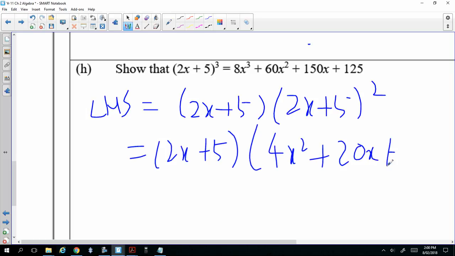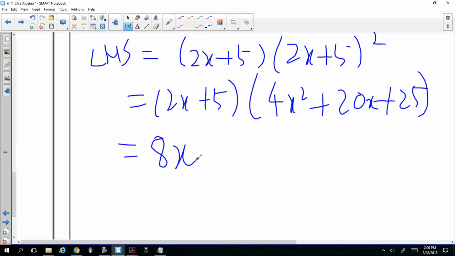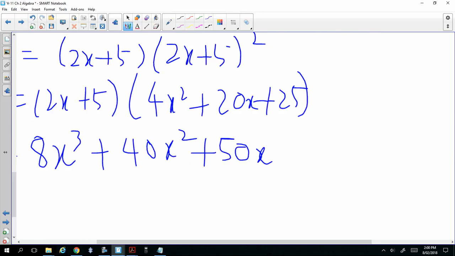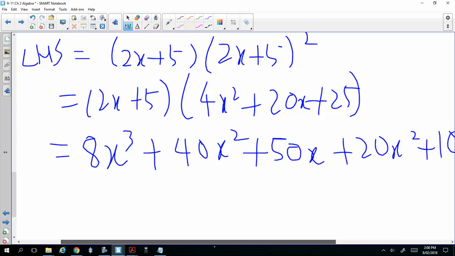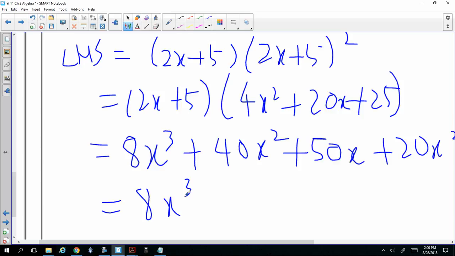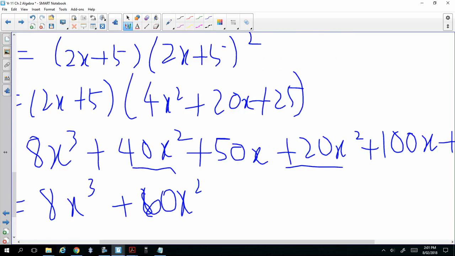And then you're going to times it together, so you get 8x cubed plus 40x squared plus 50x, and then you go to the 5, which is 20x squared, 80x, and not 80, 100x, and then 5 times 25, 125. And you collect like terms, 8x cubed plus 60x squared, which is these two, and then you've got the 150x, which is this, and then finally 125.